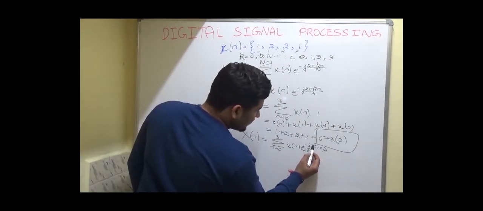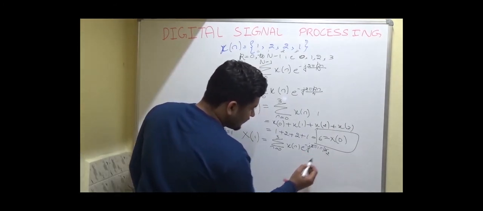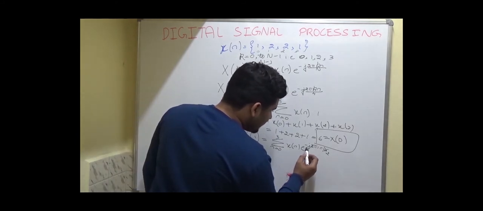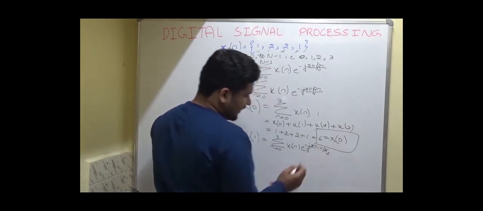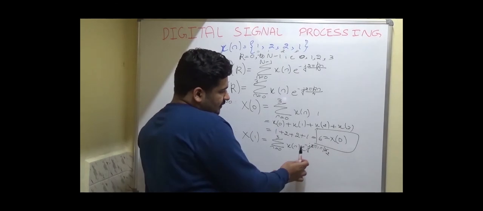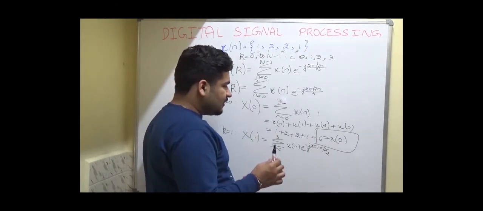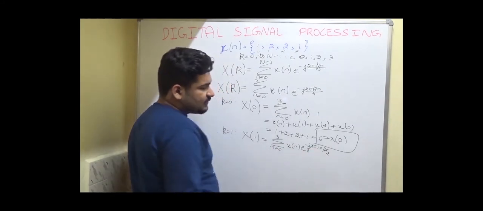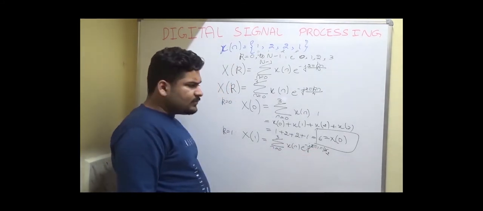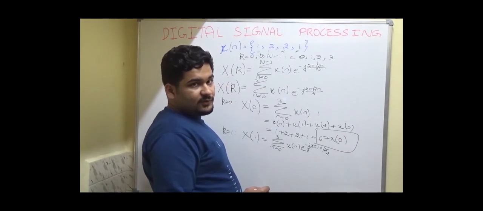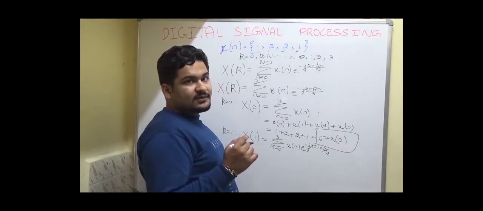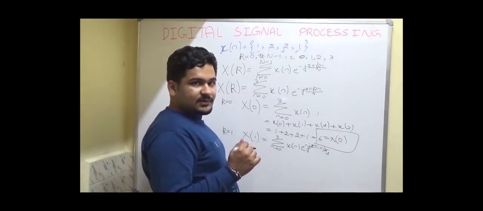Here I'll just cancel. So now the formula would be e raised to the power minus j pi n by 2. E raised to the power minus j pi by 2 is, since this is of the Euler's form, when I substitute in the Euler's formula, I will be getting minus j, correct?